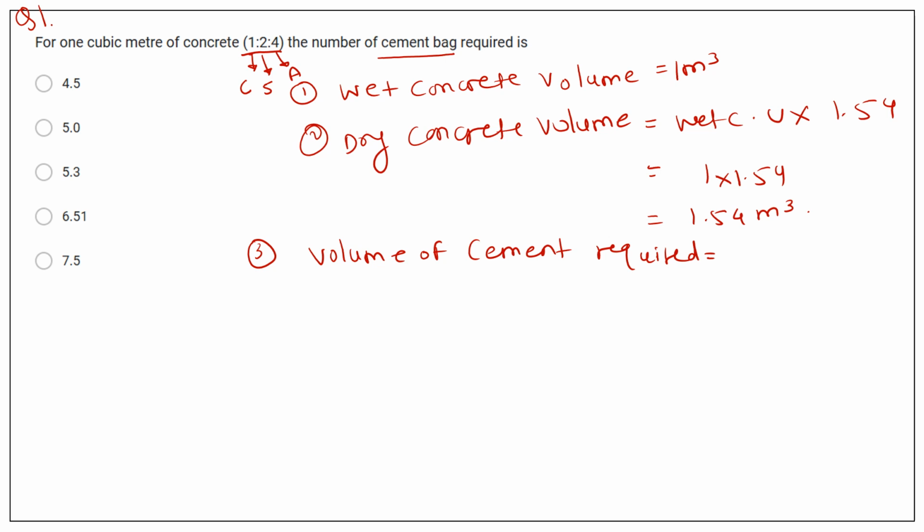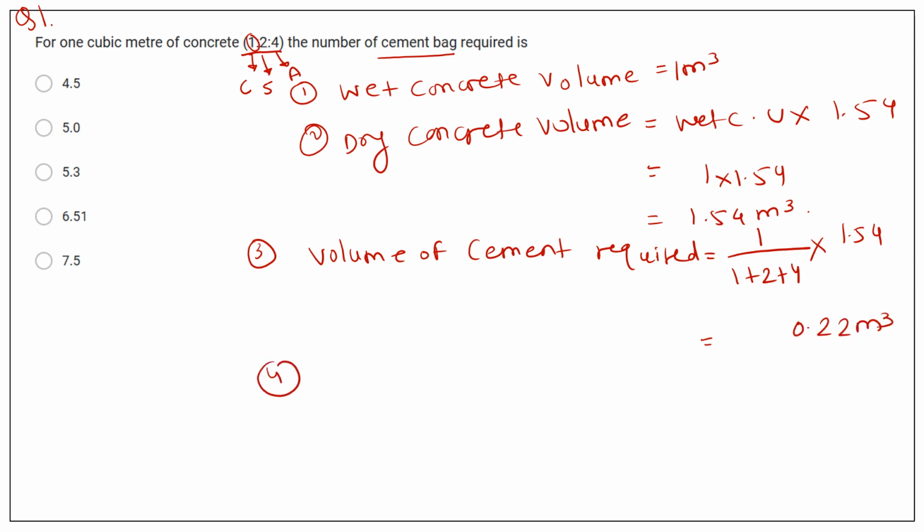To calculate the volume of cement, first take 1 in the numerator and 1 plus 2 plus 4, the total ratio, in the denominator. Then multiply with the dry concrete volume, which is 1.54. So here the volume of cement required is 0.22 meter cube.